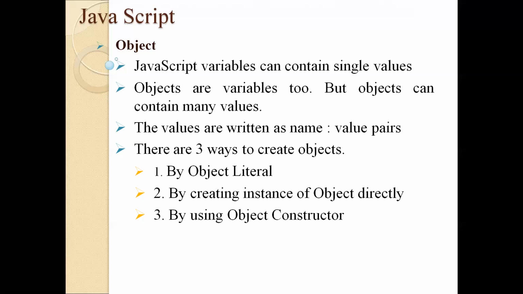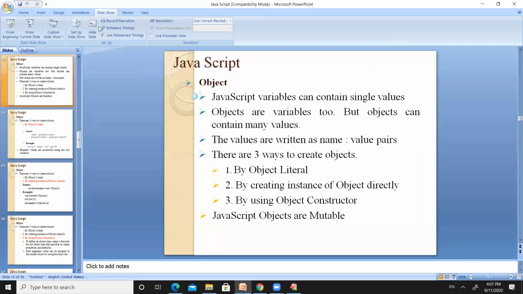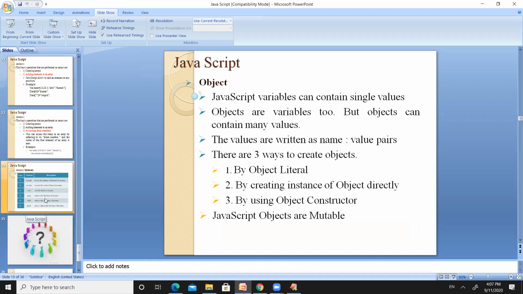Right. With this slide, I'm going to close today's session. In the next session, we will have a look at the three ways of object creation: by using object literal, by creating an instance of an object, and by using object constructor.